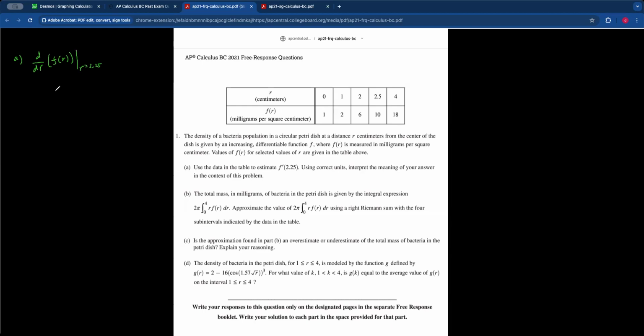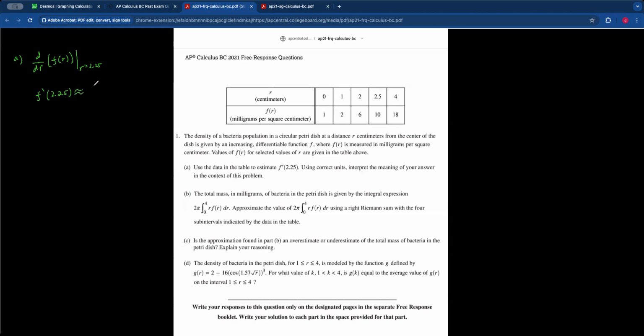That's essentially what this statement means. So right here, we should take a secant line from the table using two adjacent points and use that to estimate the slope of the tangent line, because that's really what this derivative is asking.